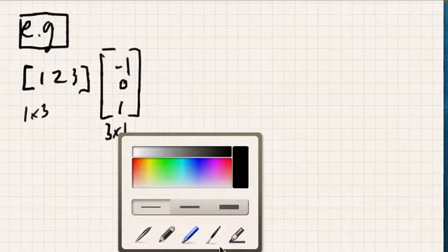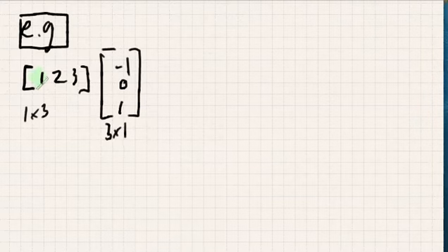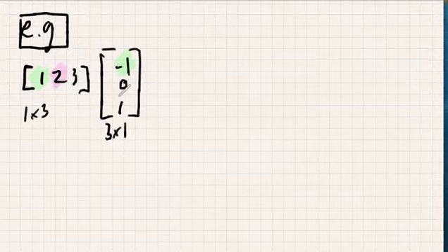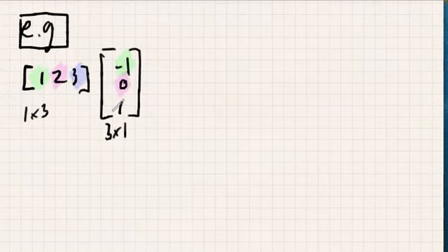Okay, so now we're going to take the first entry of the row and the first entry of the column and multiply those together. We're also going to take the second entry of the row and column and multiply those together, and the third entry of the row and column, and multiply those together.